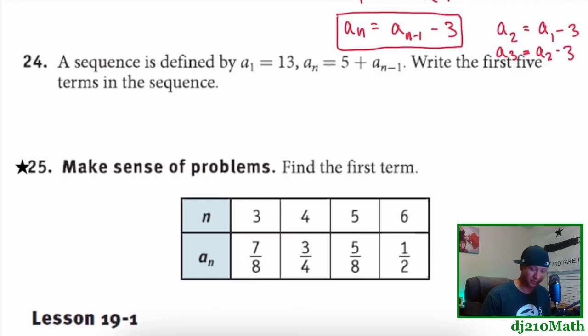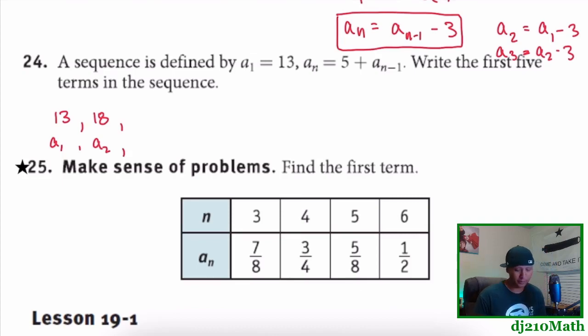This is what we would call the recursive formula. So for instance, this is a sub 1, which is 13. Then a sub 2, the next term, would be 13 plus 5.